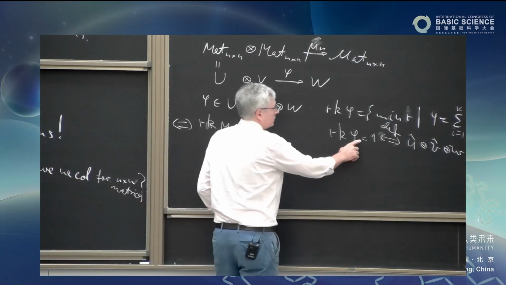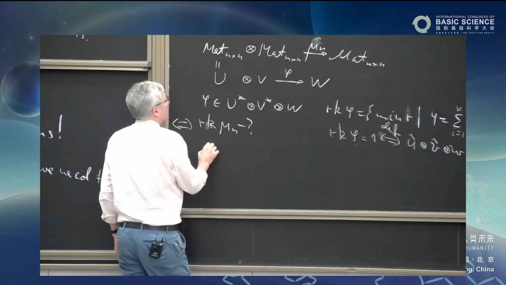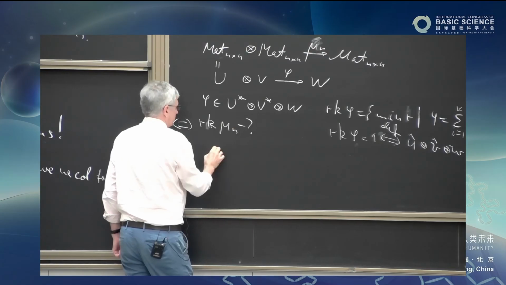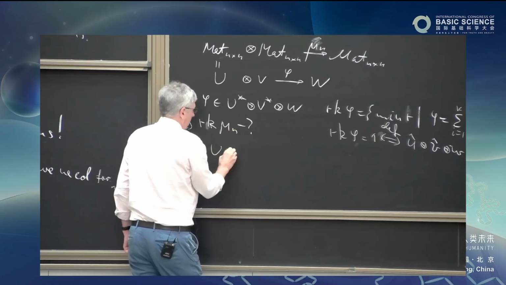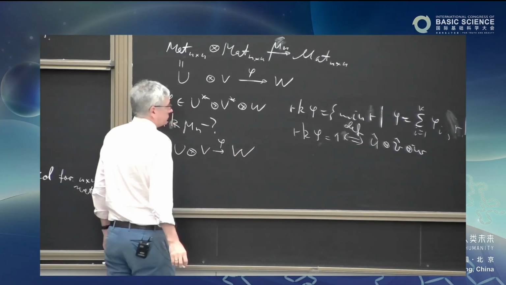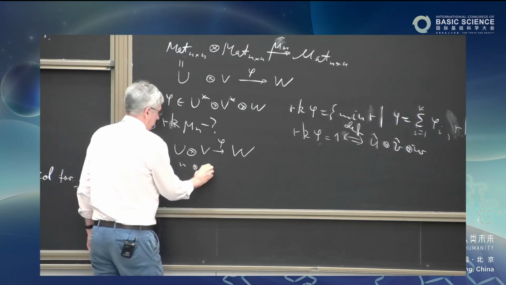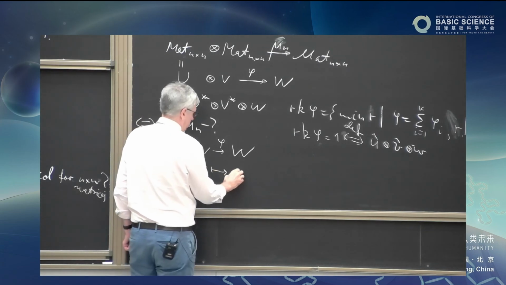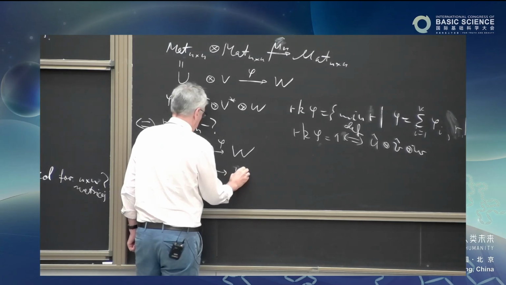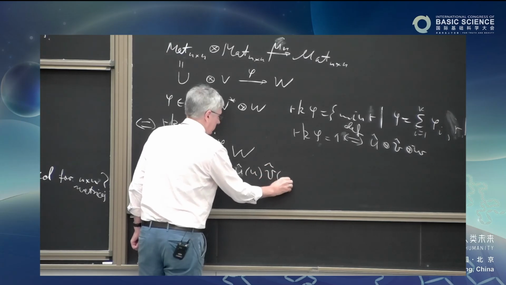So let's consider such phi, which is of rank 1. It gives some map, and actually, if you think about it, the corresponding map from U tensor V to W is just given by, if you have here u tensor v, then it goes to u hat of u multiplied by v hat of v.